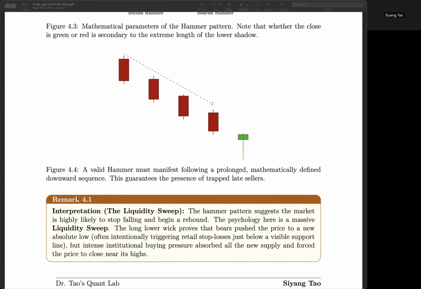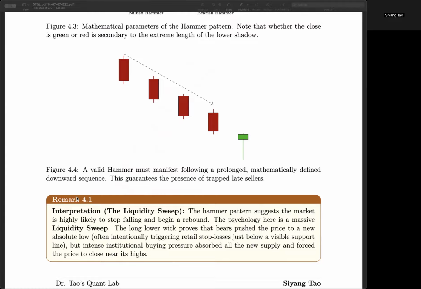Why is the lower shadow so important? Because it represents a massive liquidity sweep. Imagine a stock has been crashing for weeks. Retail traders are panicking. The algorithms intentionally drive the price down to a new absolute low, specifically hunting for retail stop-loss orders.